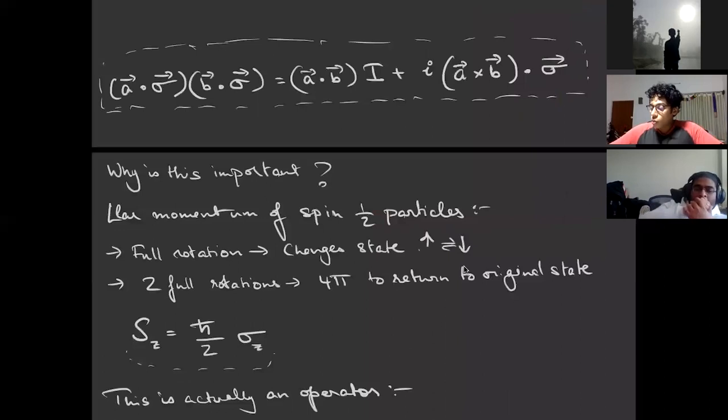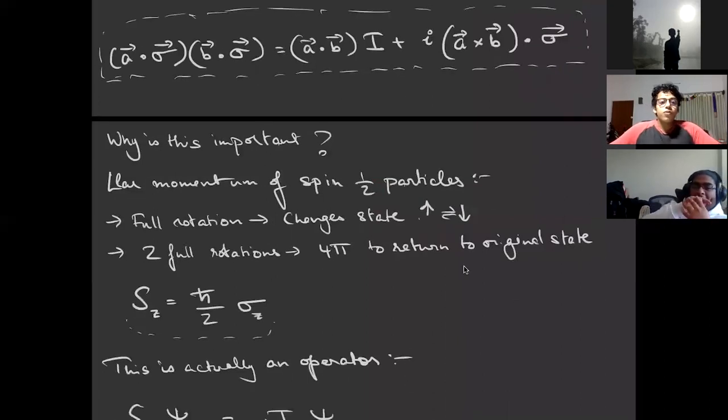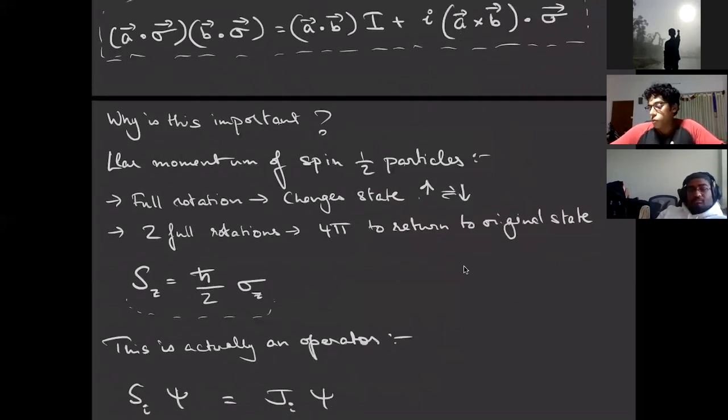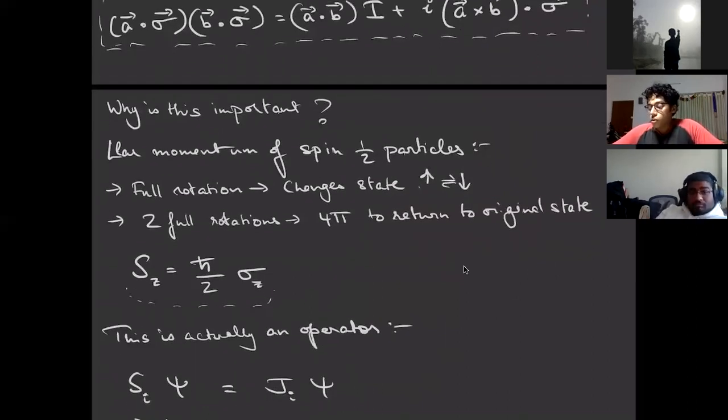So why is this important, right? First of all, when it comes to talking about angular momentum and spin half particles, you can't deal with your normal spin or angular momentum anymore, like what you think of classically, right? You need an extra space, especially when spin comes into the picture.